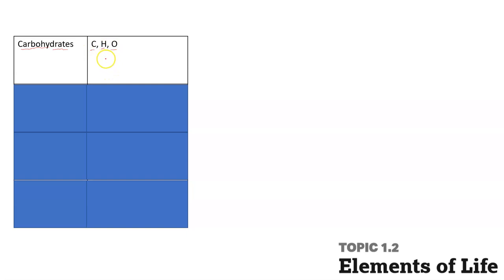I'd also like you to know that carbon and oxygen are somewhat proportional, in the sense that typically in a sugar molecule, we have approximately the same amount of carbons as we do oxygens. Now, that's not a hard and fast rule, but it's a general rule that's similar throughout all of organic chemistry. You'll have approximately the same amount of carbons as you do oxygens in carbohydrate molecules, so something to keep in mind.